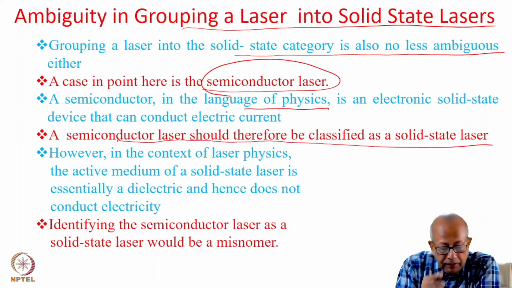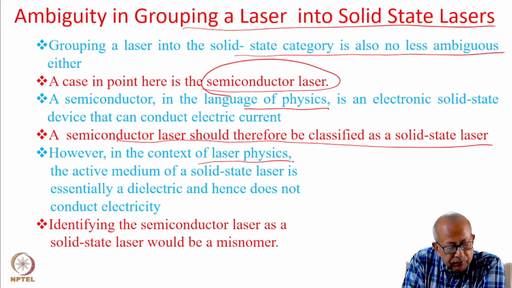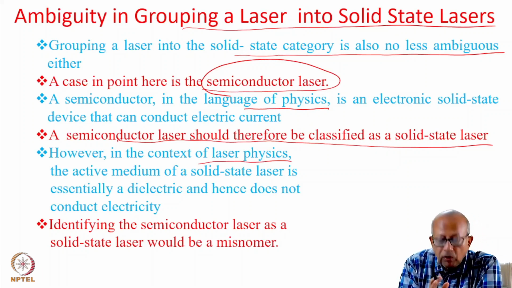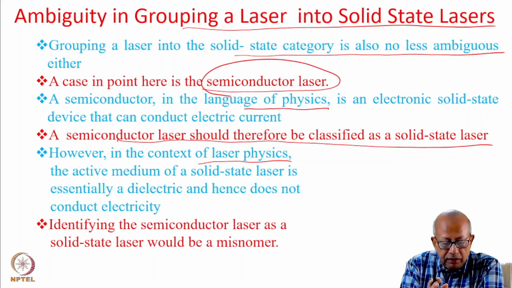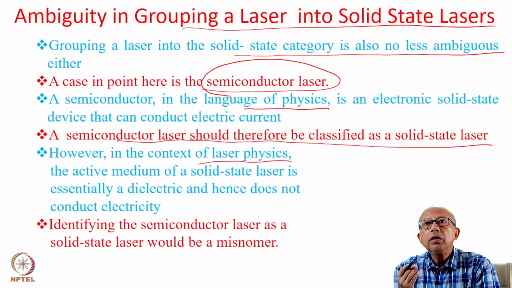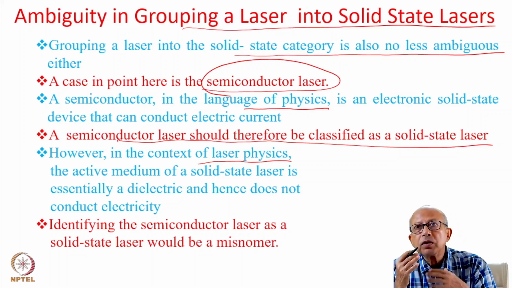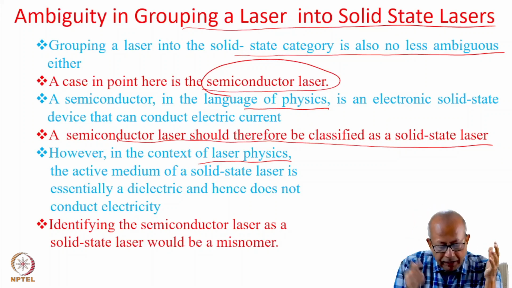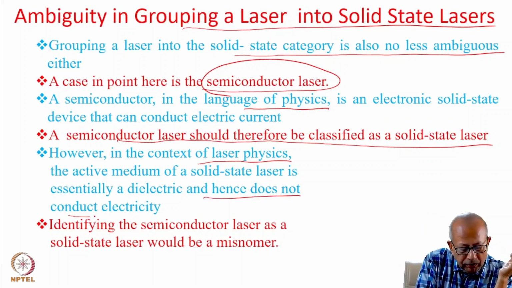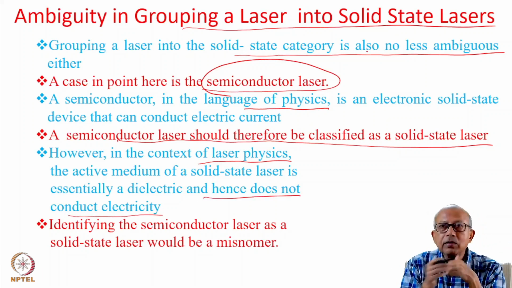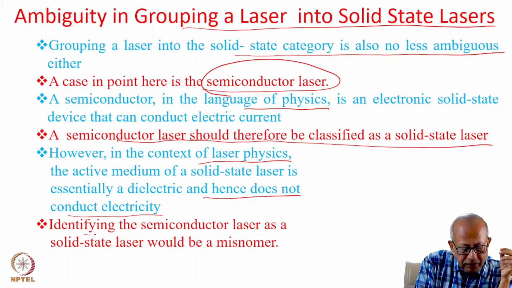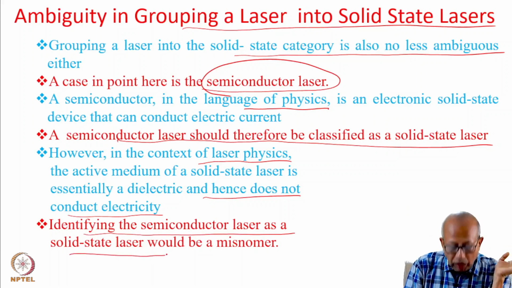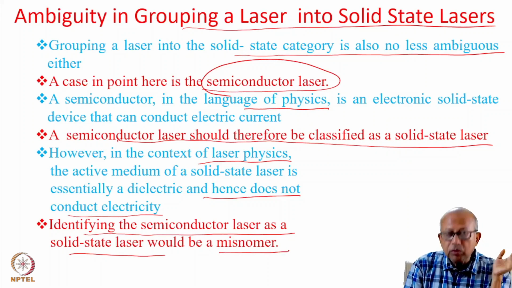However, in the context of laser physics, the active medium of a solid state laser is essentially a dielectric, that is the host into which the light emitting atoms are doped, is a dielectric, and hence it doesn't conduct electricity, unlike the semiconductor. Identifying the semiconductor laser as a solid state laser would thus be truly a misnomer.